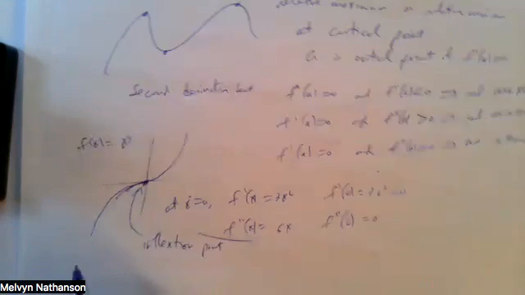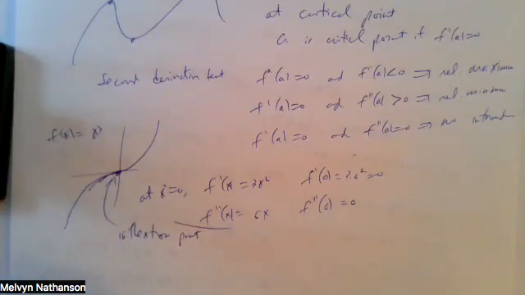So this is an indication that the first derivative being 0, that is, being a critical point, is a necessary condition to have a relative maximum or minimum. And to distinguish the two, you can look at the second derivative.